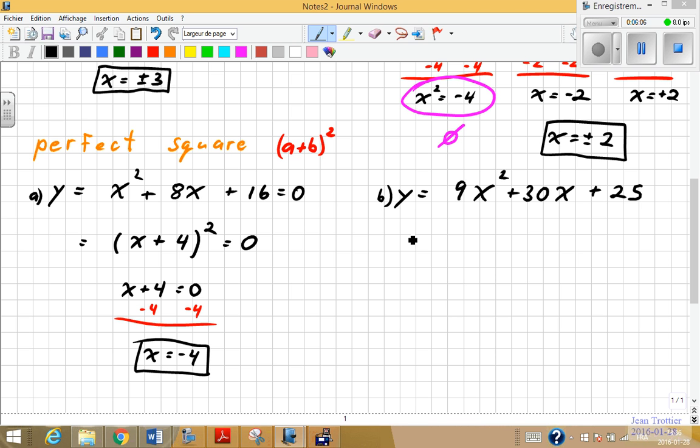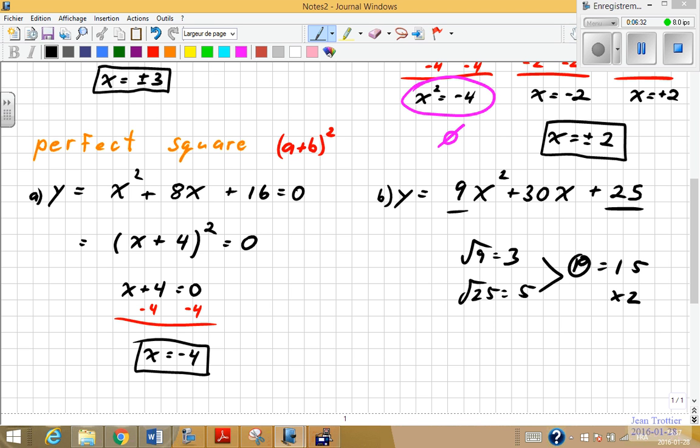Now the second case is a bit longer to figure out, but you'll notice you have a 9 and a 25. As soon as you see two perfect squares, you should check to see if it's a perfect square trinomial or not. So 9, 25. Root of 9 equals 3. Root of 25 equals 5. If I multiply both of these together, the product equals 15.